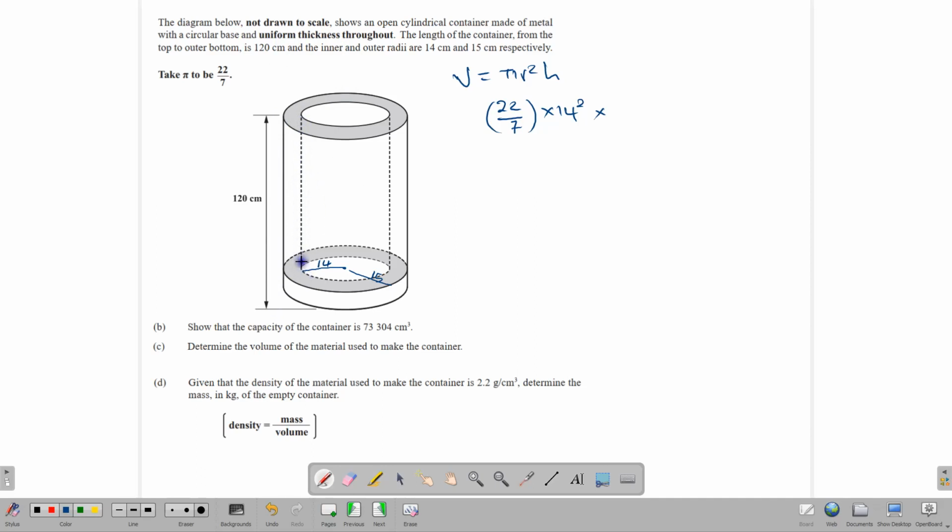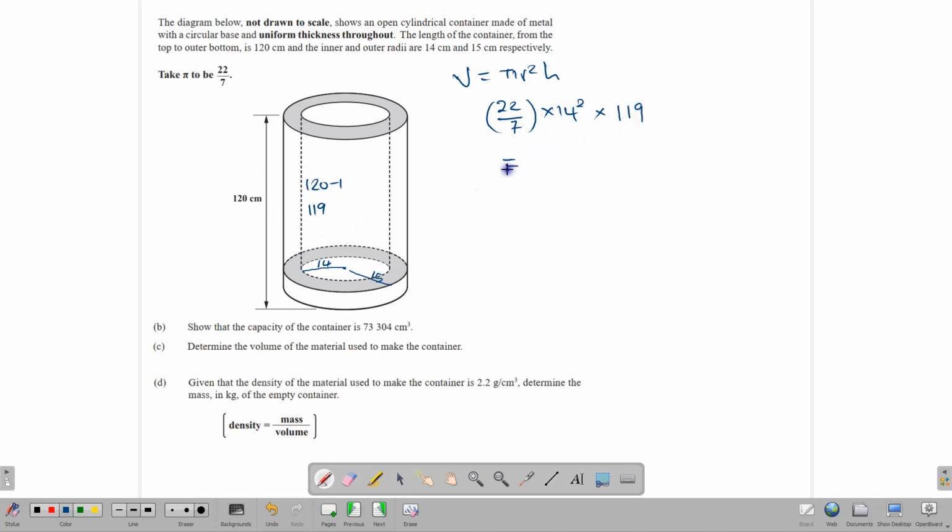So it stops here, and since it's uniform and the difference in the radii 14 and 15 is 1 centimeter, then we understand that the interior height here is 120 minus 1, which is 119 for this height on the inside. So we multiply that by 119.